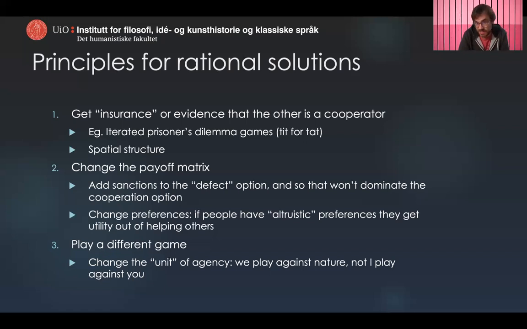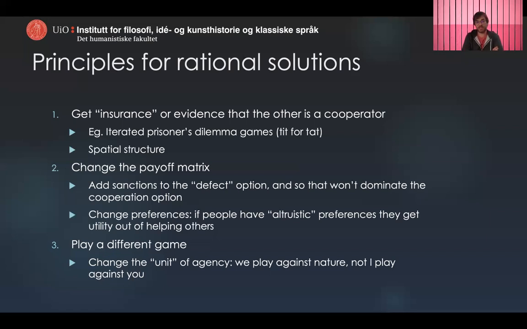Okay, so there's a different way of thinking about getting a rational solution to the collective action problem: to change the payoff matrix. In a sense, it's cheating, but arguably in the real world, it's not really cheating. For example, you saw in Ostrom's case that she added sanctions for those who overuse the land, or things like that.